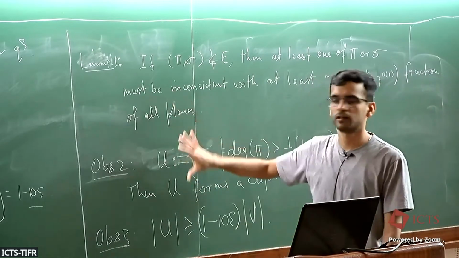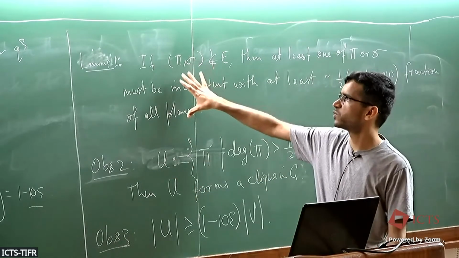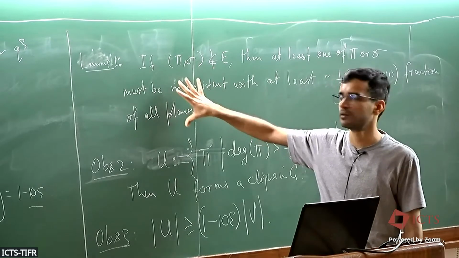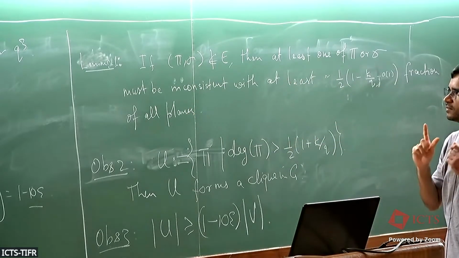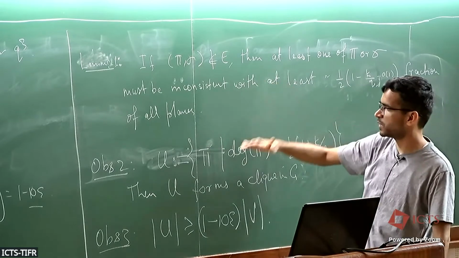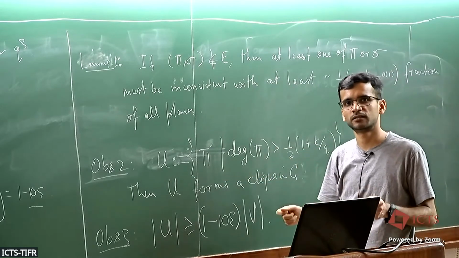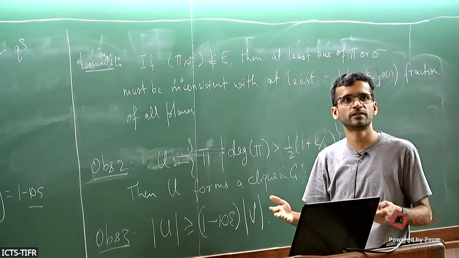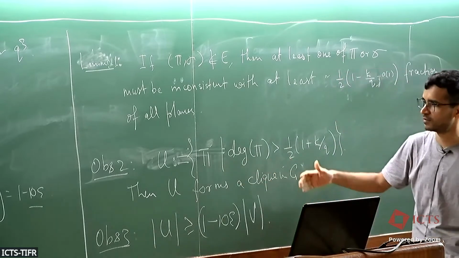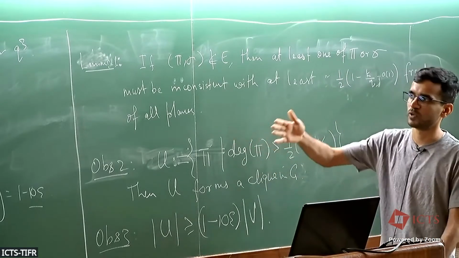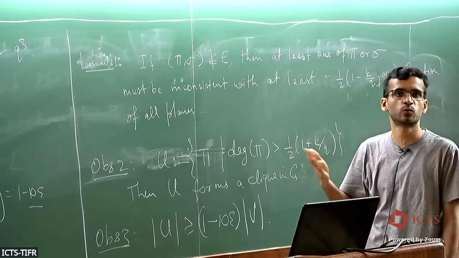Okay, is the plan clear so far? The only thing that we haven't proved is lemma 1. If we prove lemma 1, this lemma will immediately imply the observation that if we look at the set of vertices with large degree in this graph, they must form a clique. And we have already established that the average degree in this graph is quite high.